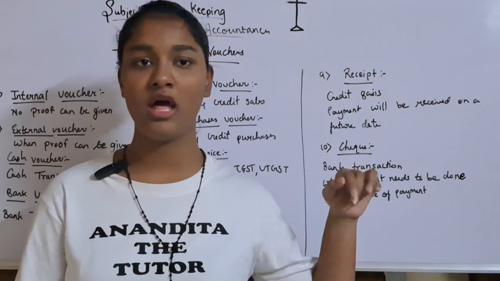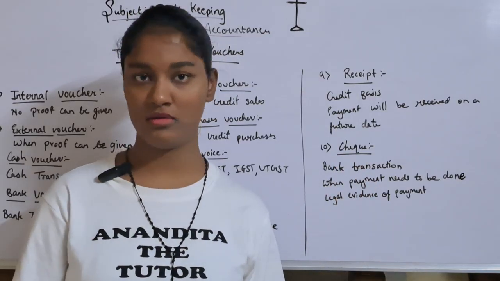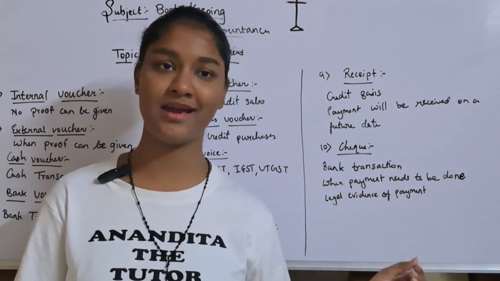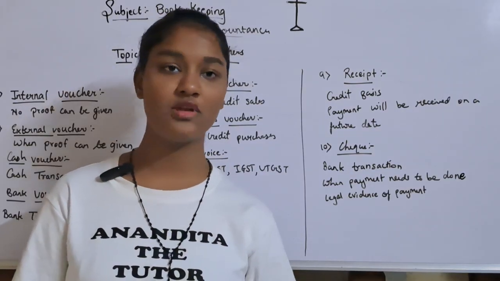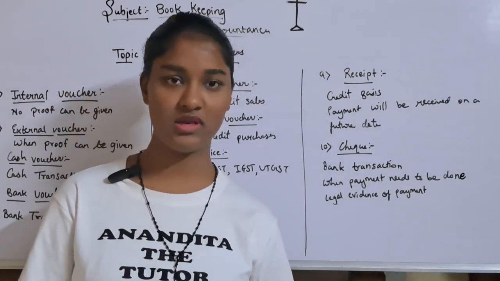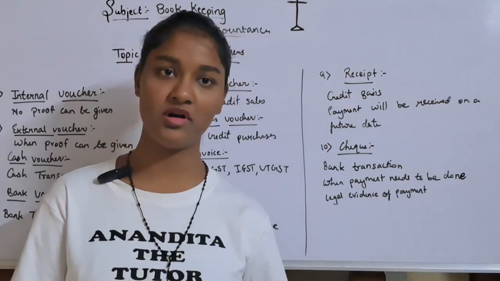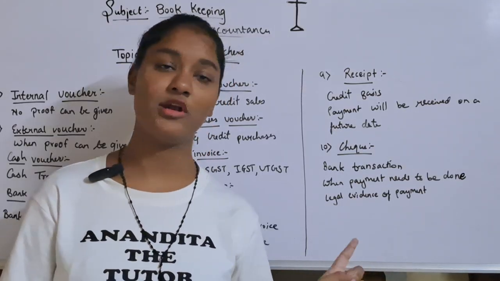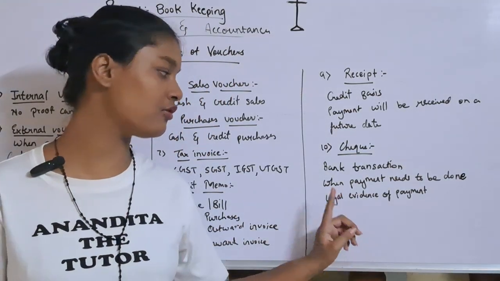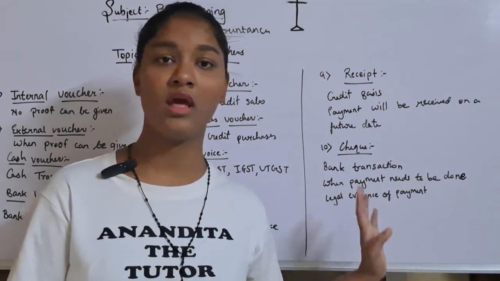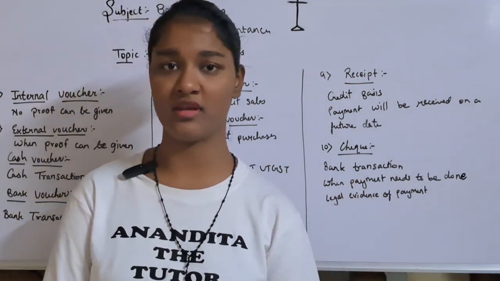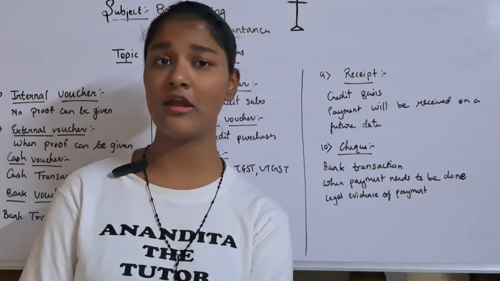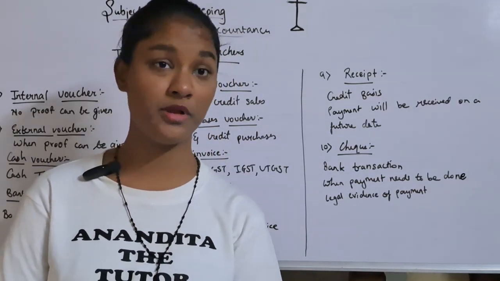Now that check I will take to the bank. Okay, respective बैंक जो भी पे का बैंक रहेगा उधर I will go, I will deposit the check. Okay, उधर I will tell I have to pay this much money to so and so account number. Okay, so that is called a check. What does it do? It acts as a legal evidence of payment. अभी कल को to whom I paid, suppose I paid my money to ABC person. अभी वो ABC person tomorrow he cannot come and say that Anandita didn't pay me the money.